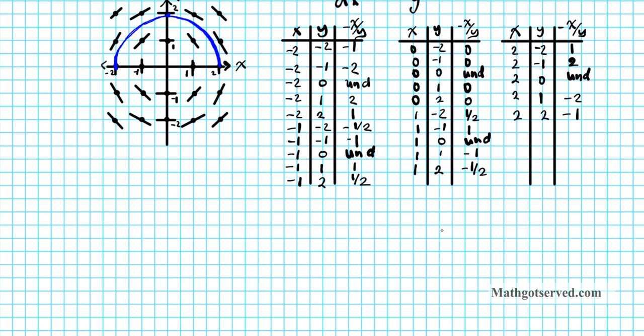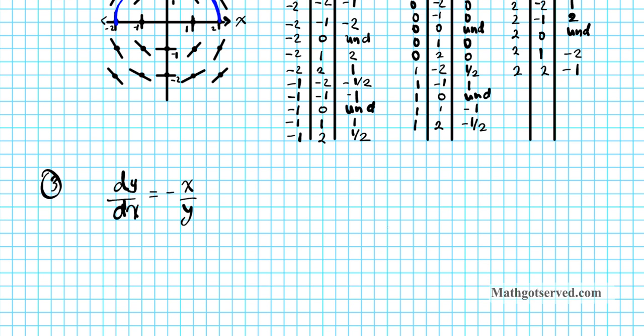All right, so this differential equation is very easy to solve. Part 3, we have dy/dx equals -x over y. We're going to go ahead and solve this by separation of variables, because you notice we can easily separate the x's and the y's by multiplying both sides by y and dx.